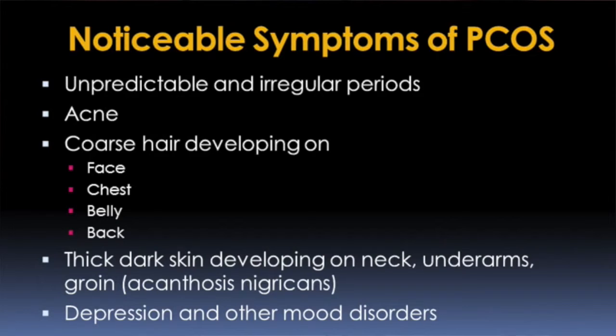Women with PCOS may notice a constellation of symptoms. The most common are unpredictable and irregular periods. Acne is also common, as well as the development of coarse hair on many body parts. Depression and mood disorders are also extremely common in patients with PCOS. Many of the symptoms of PCOS may not be noticed by the patient.